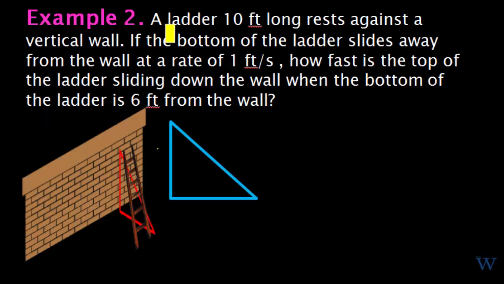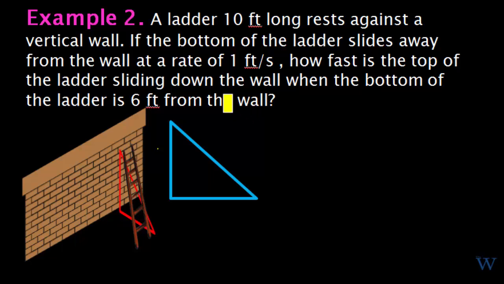All right, so a ladder is 10 feet long, and that ladder rests on a vertical wall. Here's the wall. If the bottom of the ladder slides away from the wall at a rate of 1 foot per second, how fast is the top of the ladder sliding down the wall when the bottom of the ladder is 6 feet from the wall?